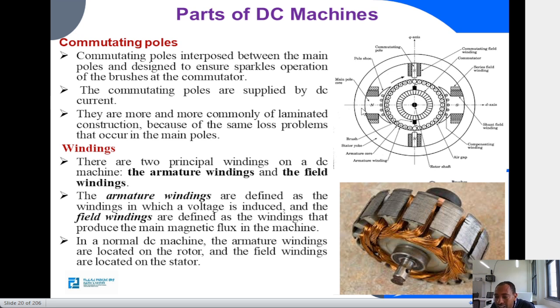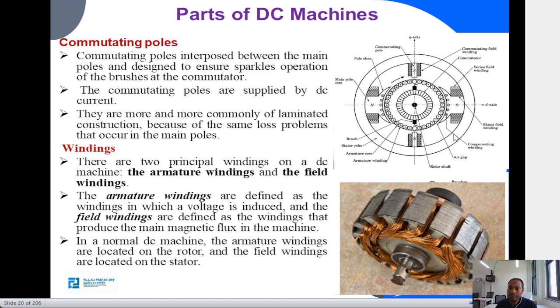Here you might have recognized other windings on the main pole, which we call compensating windings. This is an additional winding placed on the main pole to reduce the armature effect. We'll come to it later on in detail. What is the purpose of these windings normally?